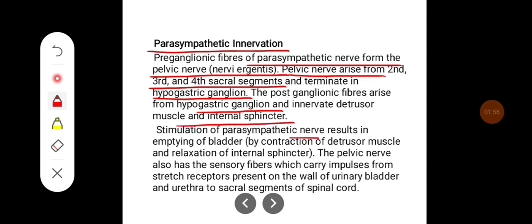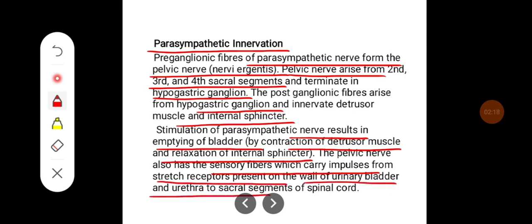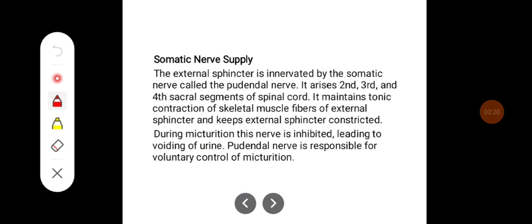Stimulation of the parasympathetic nerve results in emptying of the bladder by contraction of the detrusor muscle and relaxation of the internal sphincter. The pelvic nerve also has sensory fibers which carry impulses from stretch receptors present on the wall of the urinary bladder and urethra to the sacral segments of the spinal cord.